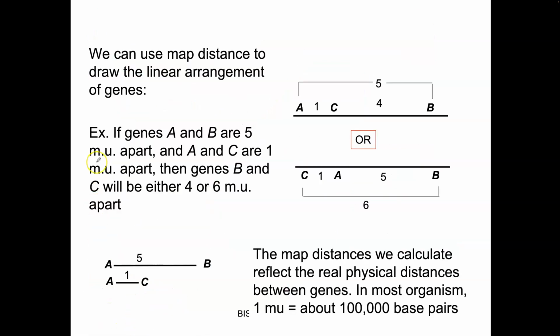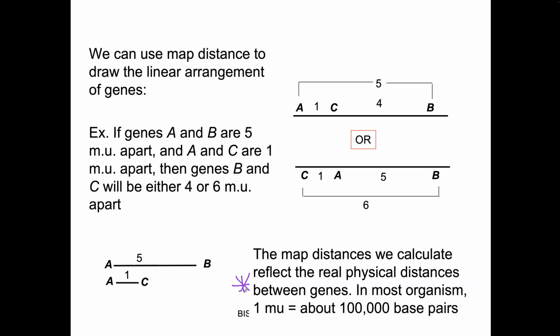All right, and so again, the calculation of map distance is actually a real thing, and sometimes students will put the map together in a way that isn't logical because, for example, they'll put the genes alphabetically, A, then B, then C, even if the map distances mean that the order shouldn't be like that.